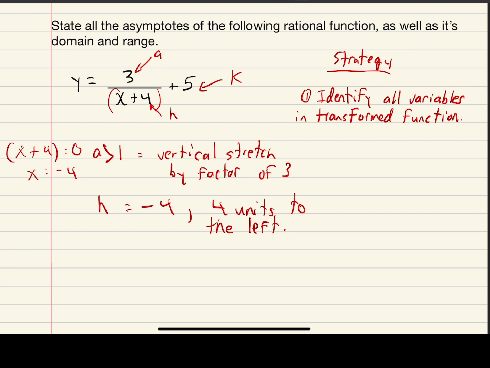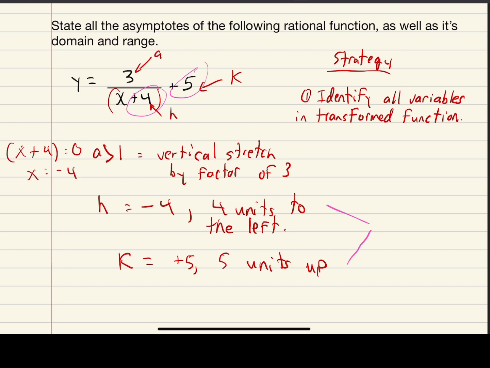Now, for the k value, because it's above 1 and has a value of 5, we're going to say that it's shifted 5 units up. Now, what that also tells us here, and I'm going to write an extra little set of notes here, is that, remember we said that this indicates the asymptotes, these values here.